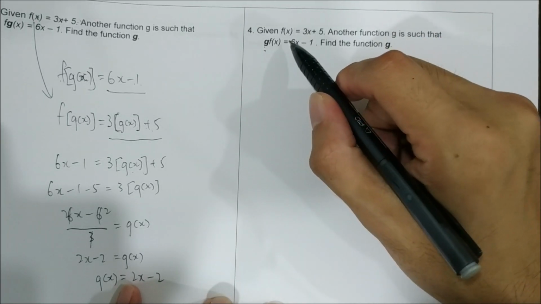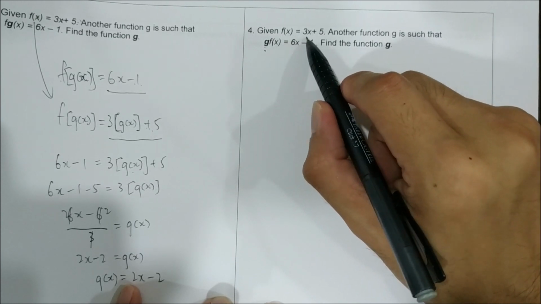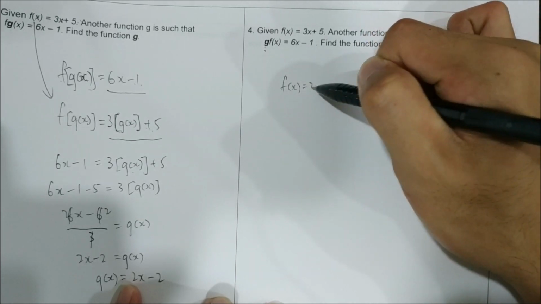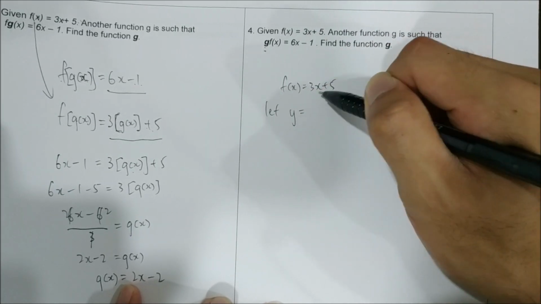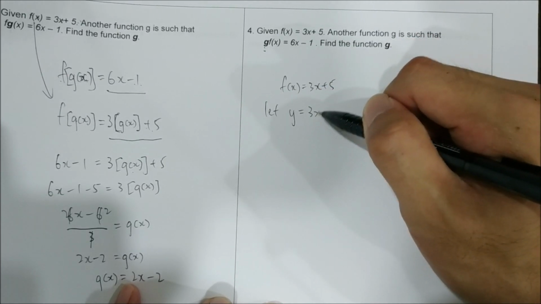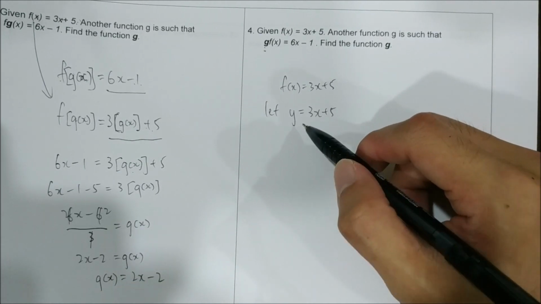First we need to note that f(x) equals 3x plus 5. We let y equal the function f(x), so y equals 3x plus 5. Then you try to find the subject of x.